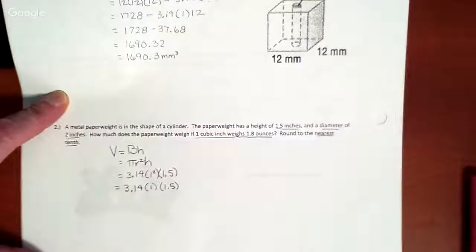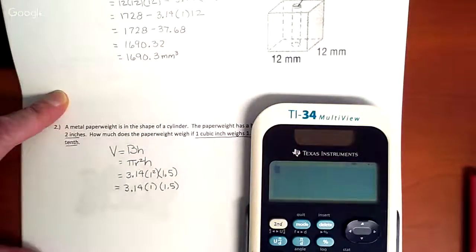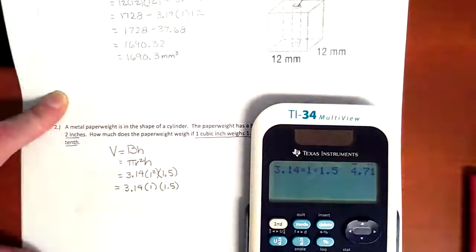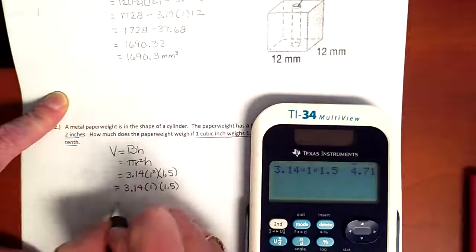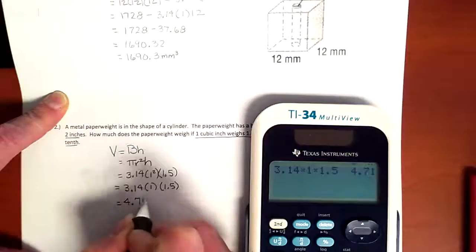Multiplying that together, I have 3.14 multiplied by 1 multiplied by 1.5, and we have 4.71, and that is cubic inches.